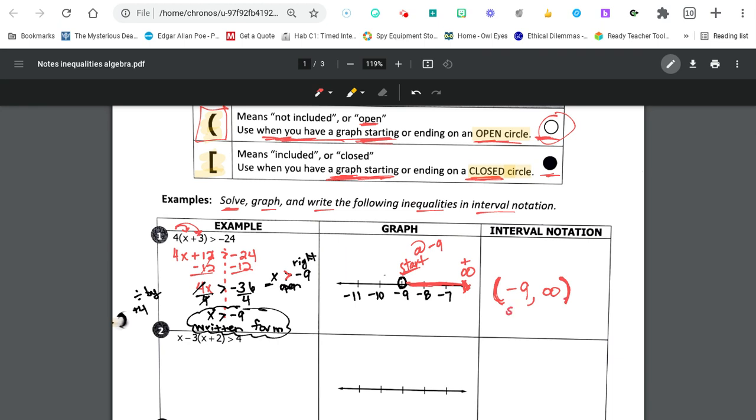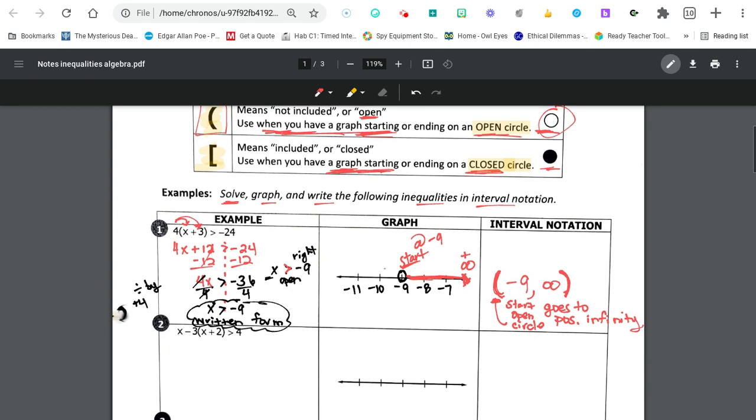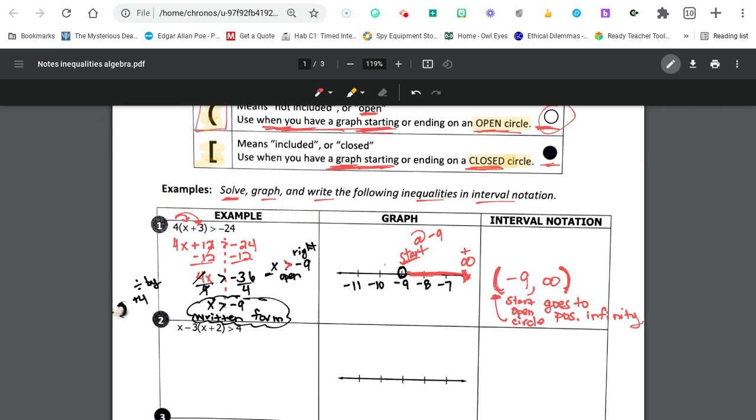So this just helps me to see that we start at -9, and at -9 it's an open circle, and I know that because open circle and parentheses go together. And then it continues to go to infinity. And remember, anytime you have an infinity symbol in your interval notation, always, always, always use parentheses, okay?